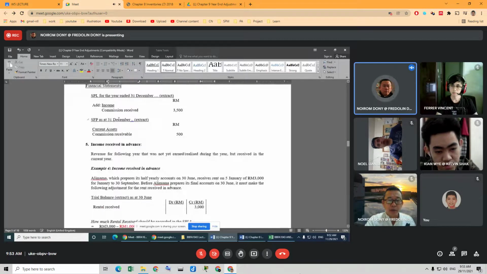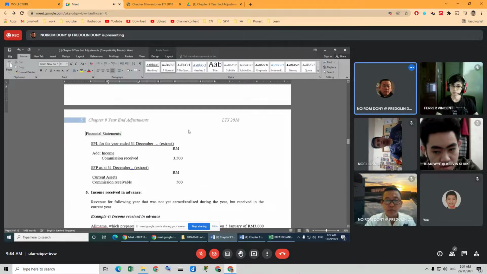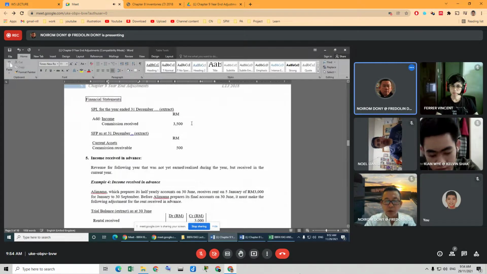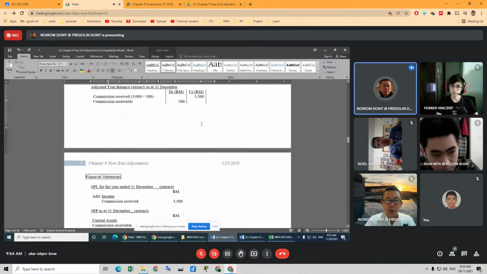In the SOFP extract, you put current asset, commission receivable. So that's how you illustrate. You must put the word extract: statement of financial position as at 31st of December, extract, and then current asset, commission receivable, 500. Right? Now that is accrued commission, accrued income.